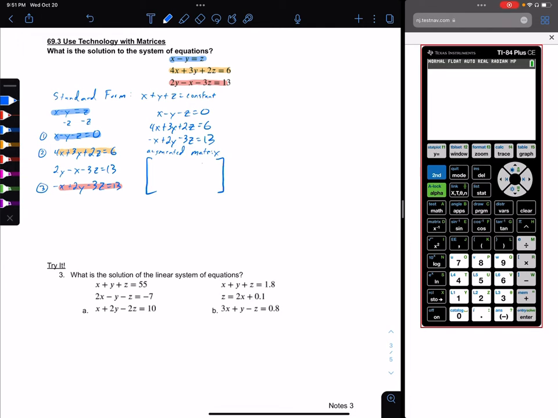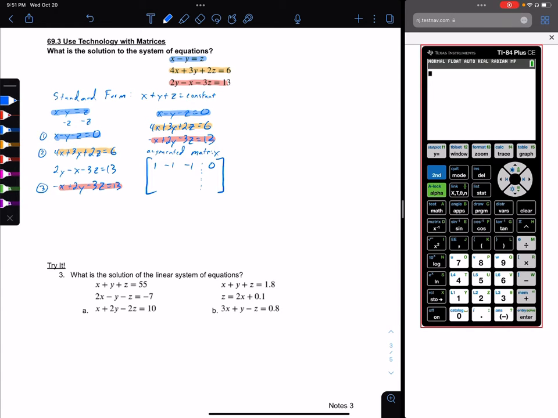And remember, that's where you have your dotted lines, right? So we have the coefficients in front of the variables, and then we have our constants. So here, I'm going to highlight these again so we can just kind of follow along. The first one, we have a 1, negative 1, negative 1, 0.